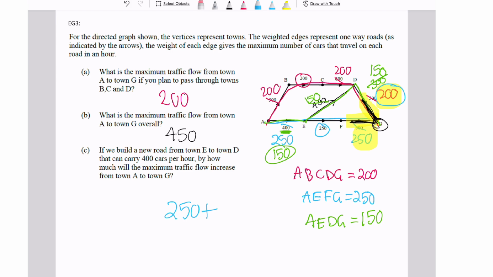The road DG can now hold 150 plus 200, so 350. So now my maximum flow becomes 600 cars. It does get a bit tricky, but you just have to be careful not to overflow the roads. Those original numbers are the maximum cars it can hold on that road.